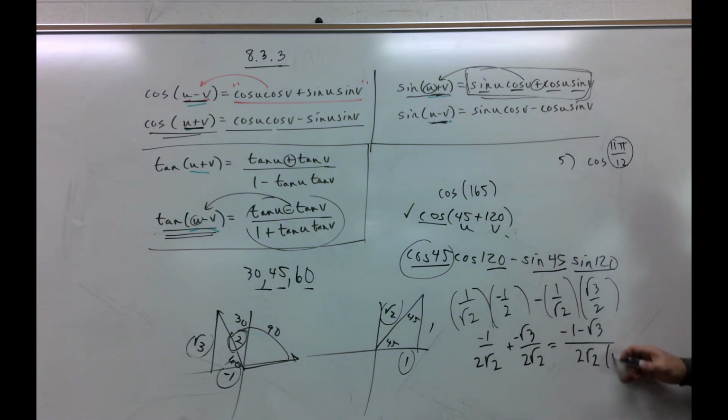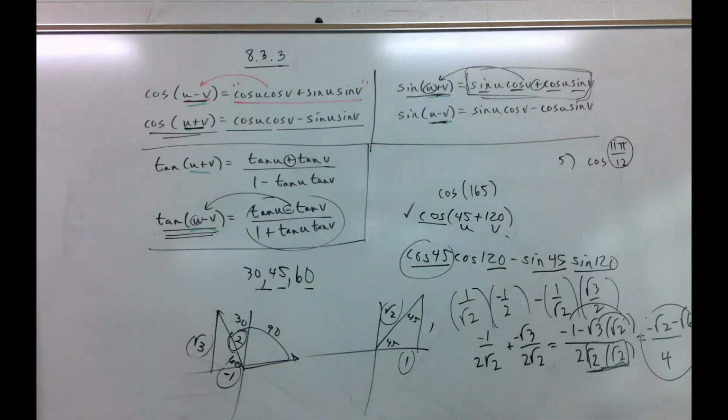Get rid of that square root of 2. And so here we go. In the bottom, we get 2 times 2, which is 4. Distribute, distribute, we get negative square root of 2 minus the square root of 6 over 4. And we're done. All right, I got one more, I think, maybe 2 to show you.